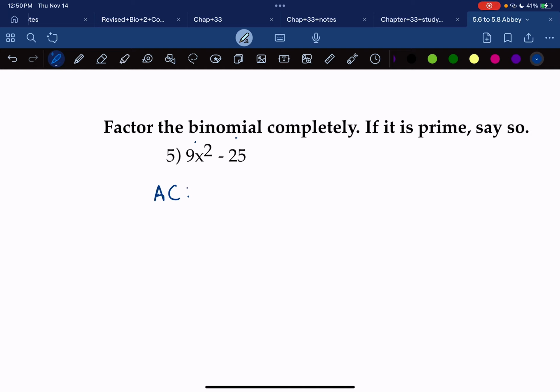So a times c is going to be, I need a calculator, 25 times 9, 225, negative 225. And then our b is 0. And we need to find numbers that can multiply to negative 225 and add up to 0.